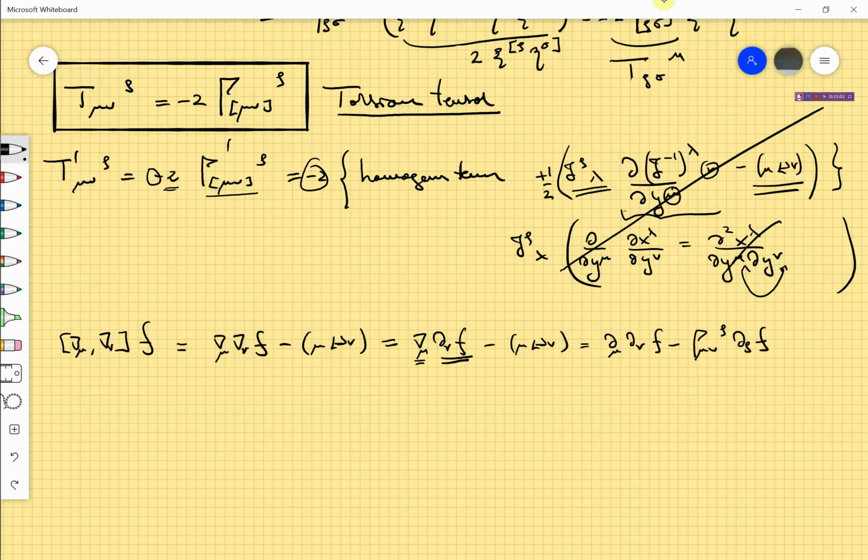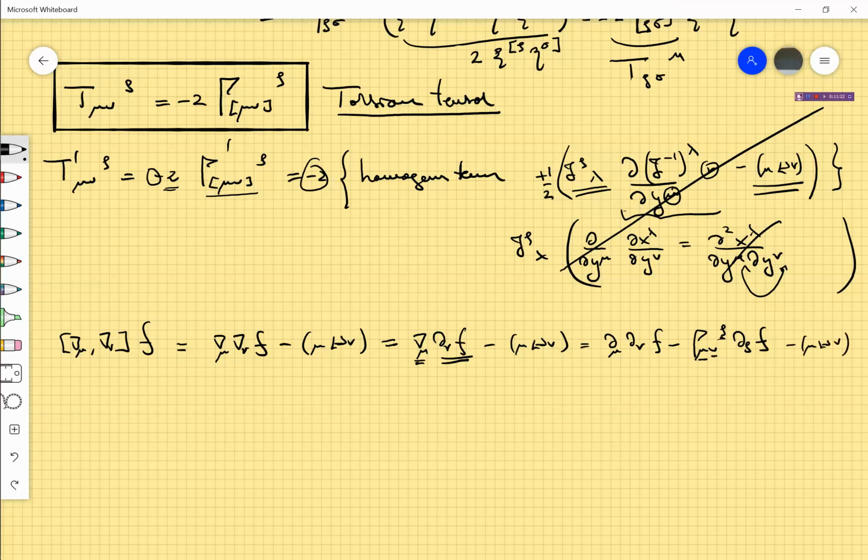The index of the derivative is the first index in the connection. If it is a covariant tensor, then the second index is the index of the covariant tensor, and the one which is contracted with the components of the covariant tensor is the upper one. Minus mu interchanged with nu.